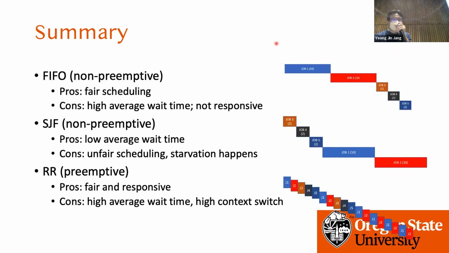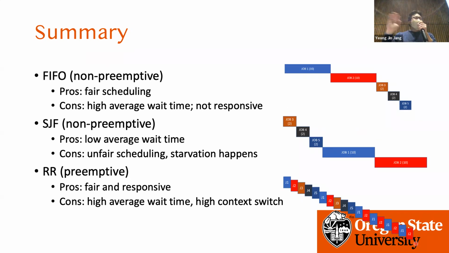This is a summarized figure. We are all running the same jobs, but just count the number of context switches that happen. 1, 2, 3, 4. 1, 2, 3, 4. But there are lots of context switching here. So that's the important point about the round robin scheduler.